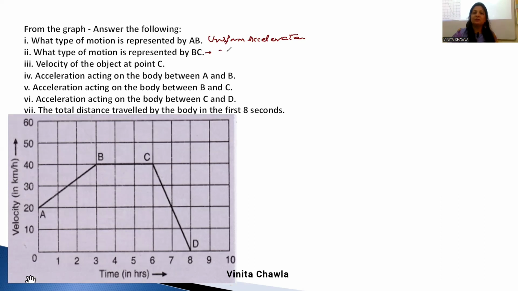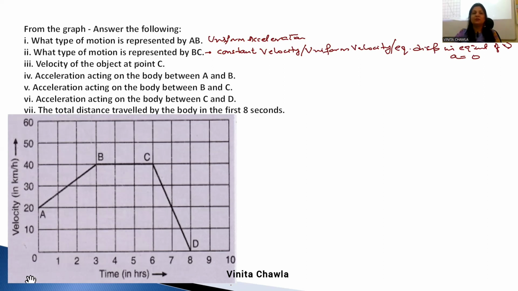Constant velocity means uniform velocity, or the object is not accelerating at all, or the object is covering equal displacement in equal intervals of time. Acceleration is 0.